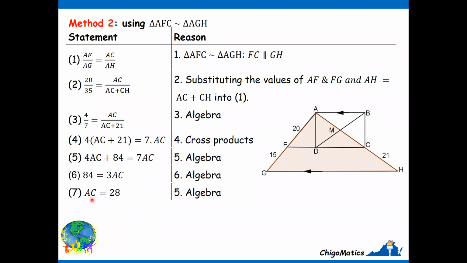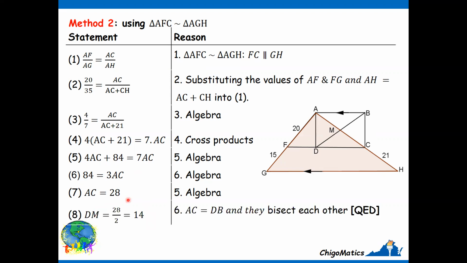From there, your AC is 28 as before. Then you divide by 2 to get your DM. So as such, what is important is to analyze the problem, understand it, think of what information you are given and what that same information suggests to you.